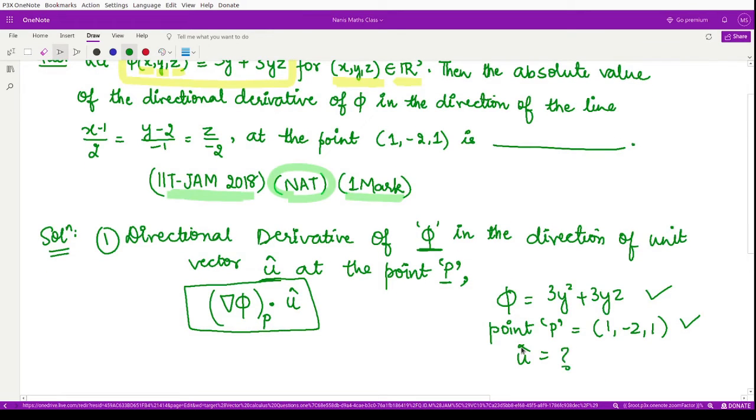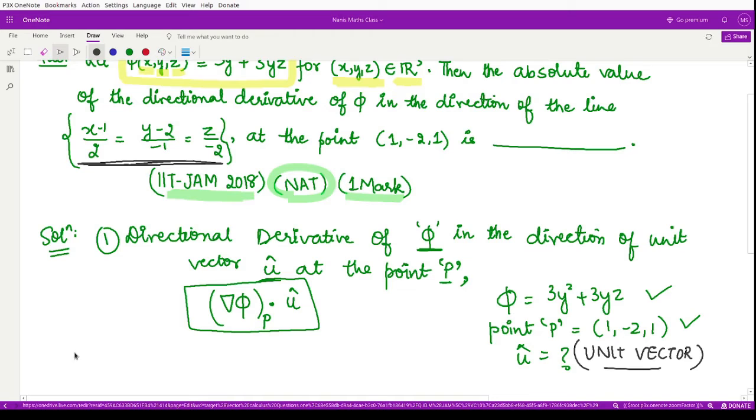That is not directly given to you. But in the question they are saying the direction is given by that of this line. So here we are to compute the direction of this line, and from the direction of this line we are to compute this unit vector. This is the task and the catch in this particular question.